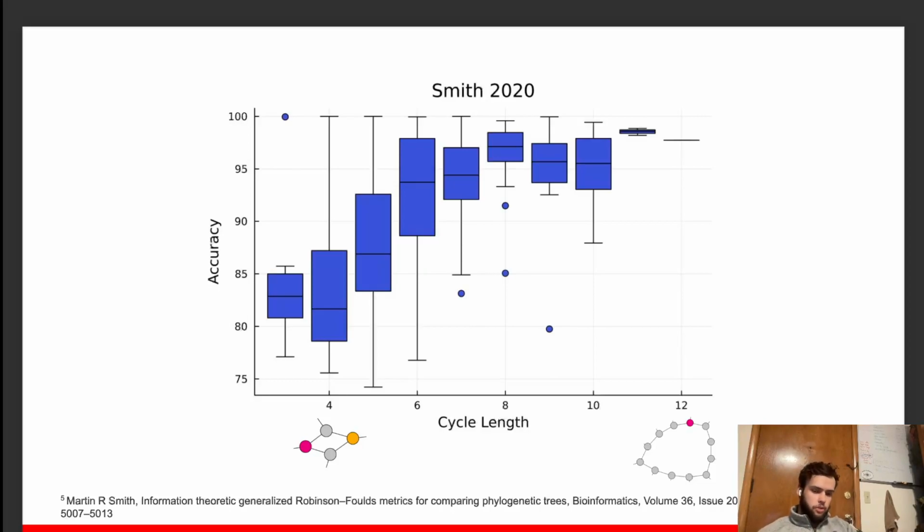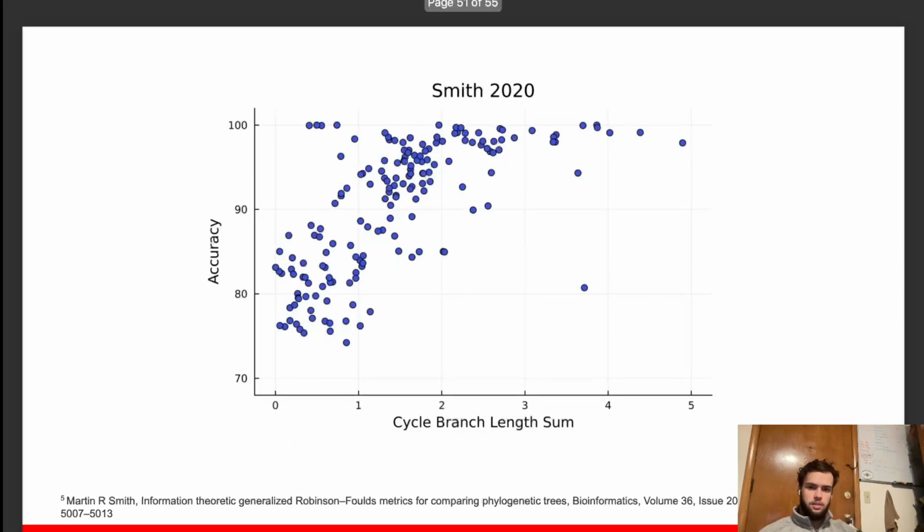So we can break this down even further by instead looking at the cycle branch length sum. And when we do this, we also get the same trend, but this one is, I think, a bit easier to follow, other than that one little outlier in the bottom right there, which is ruining the whole plot, but it's okay.